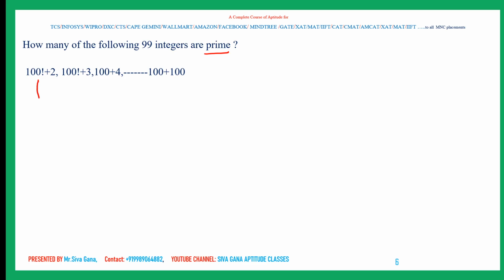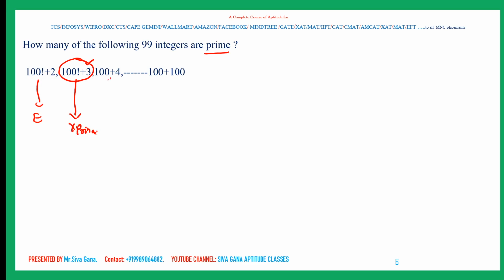So 100 factorial plus 2 is even, so not prime. 100 factorial plus 3: 100 factorial is divisible by 3, and 3 is divisible by 3, so the sum is divisible by 3. So 3 is another factor, so it is not a prime number.